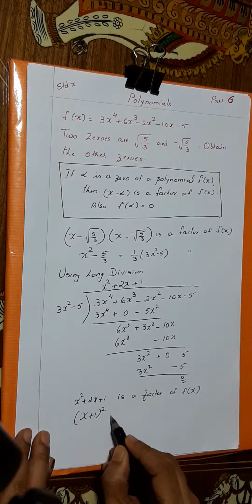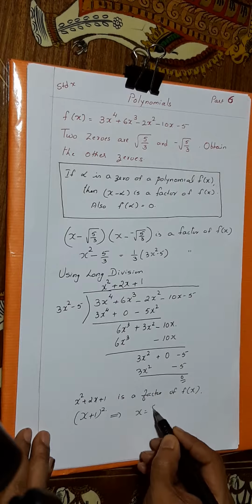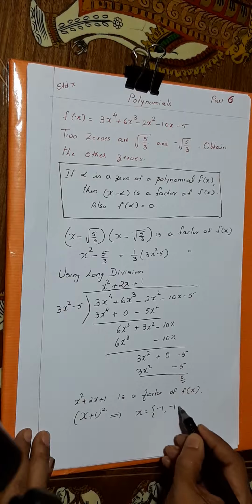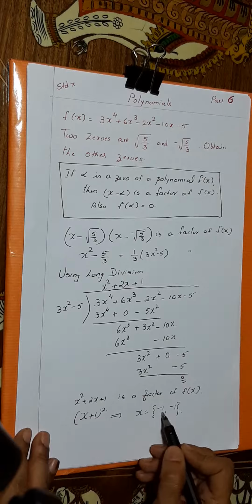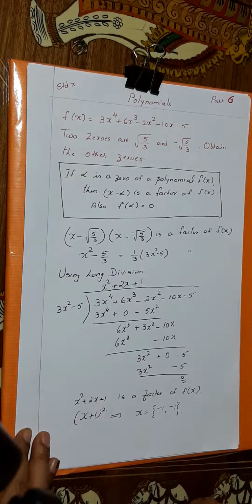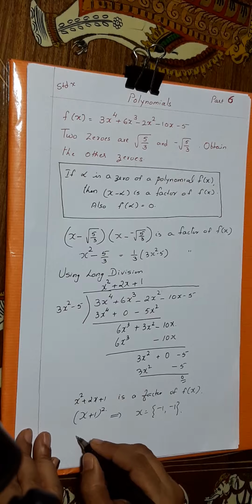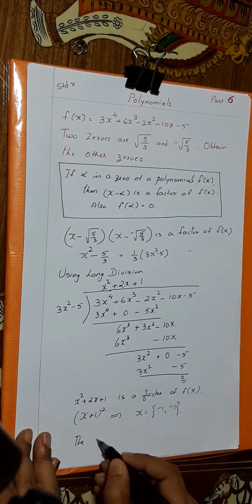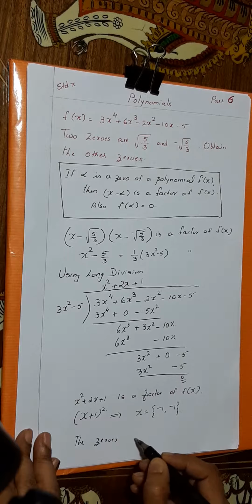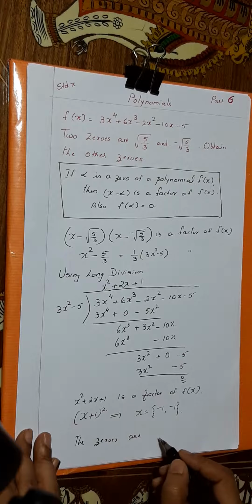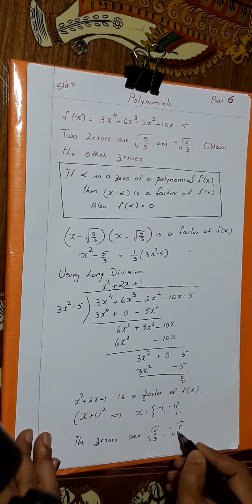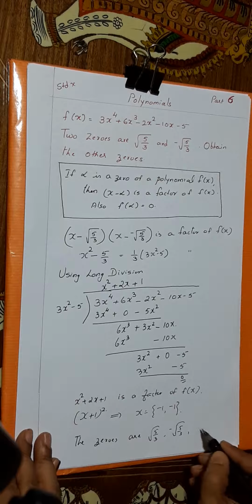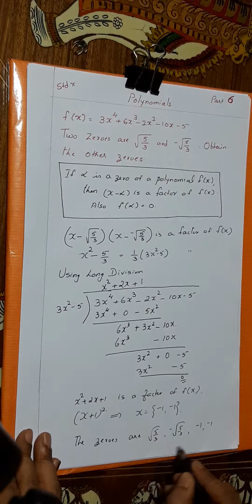So that means x is equal to minus 1, both the factors. So the other both the zeros are minus 1. So the zeros are root 5 by 3, minus root 5 by 3, and minus 1, minus 1.